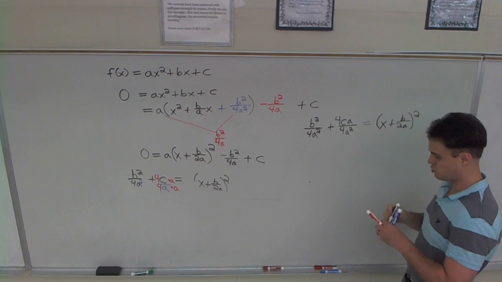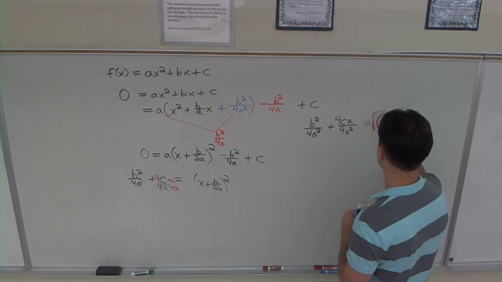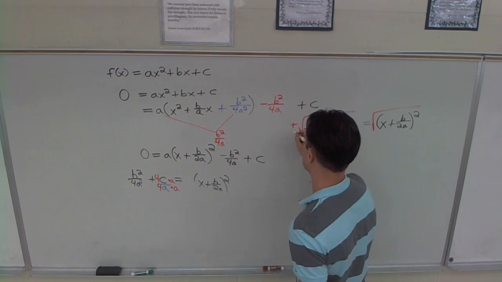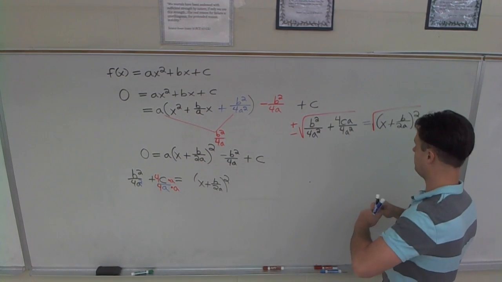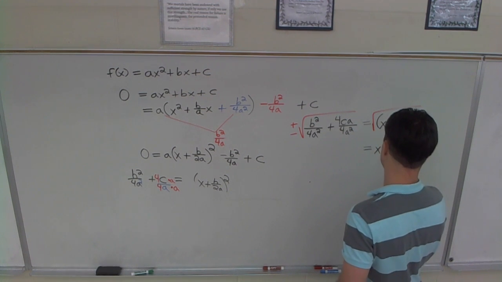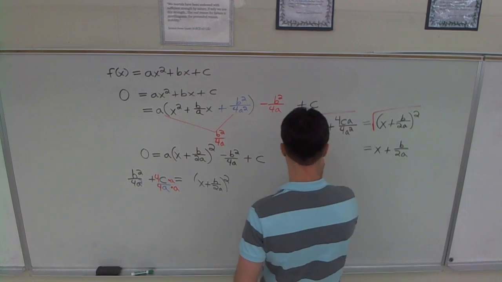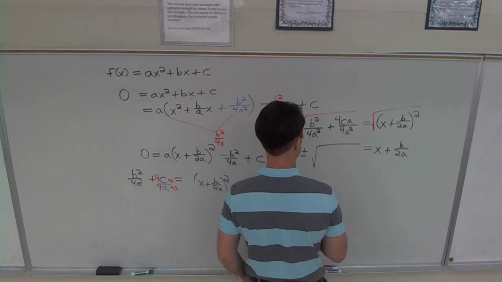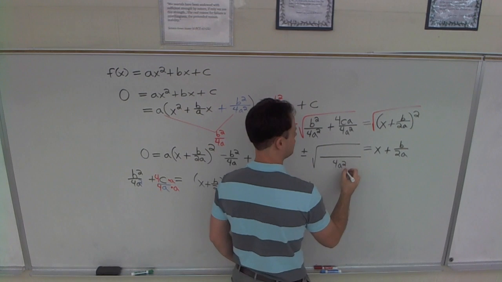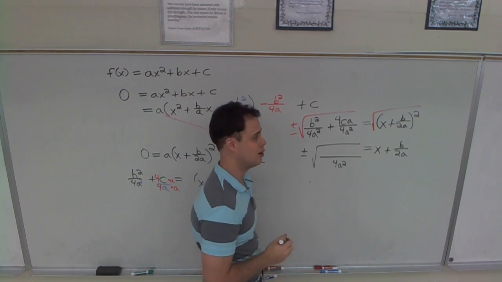You're solving for x, so I'm going to square root both sides. When we square root an equation, we get plus or minus as a side effect. So now we've got x plus b over 2a is plus or minus this square root. And these have a common denominator now, so I'm going to write it as 1. You could have done that on the previous step, or right now.